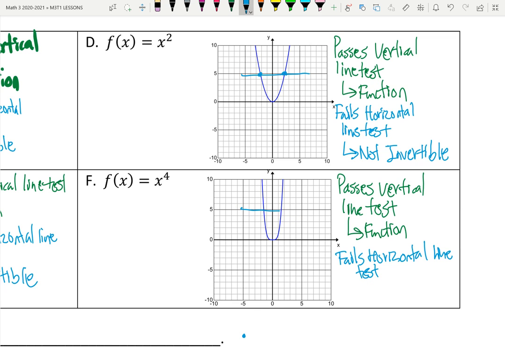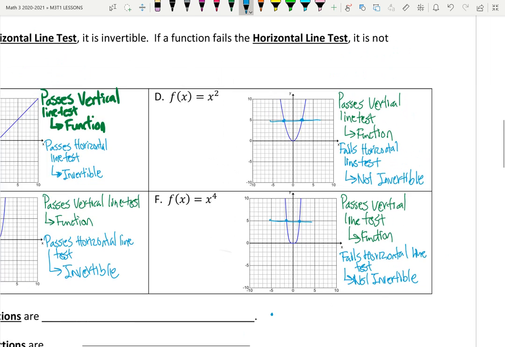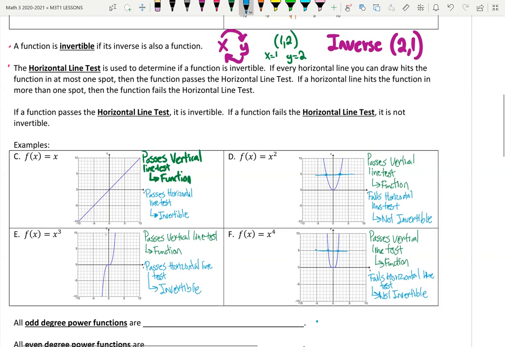Let me be proper. Therefore, it is not invertible. What this means is that if I find the inverse and graph it, it would fail the vertical line test. Invertible, remember, means the inverse is also a function. Okay.